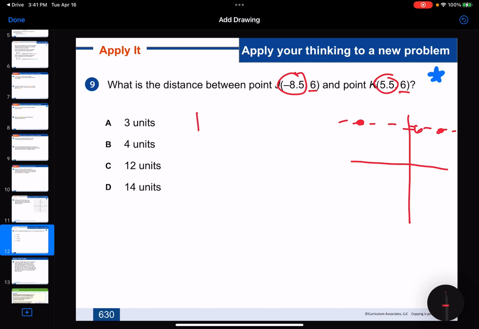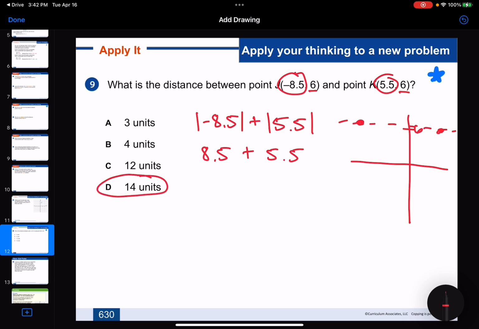The distances can be found by looking at the absolute value of 8.5. That's how far it is from the y-axis, plus the distance it is to 5.5 in the first quadrant. Well, that's just going to be 8.5 plus 5.5. And we add these up. 8 plus 5 is 13, and then the 0.5 plus 0.5 is 1, which is going to add up to be 14 units away from each other.